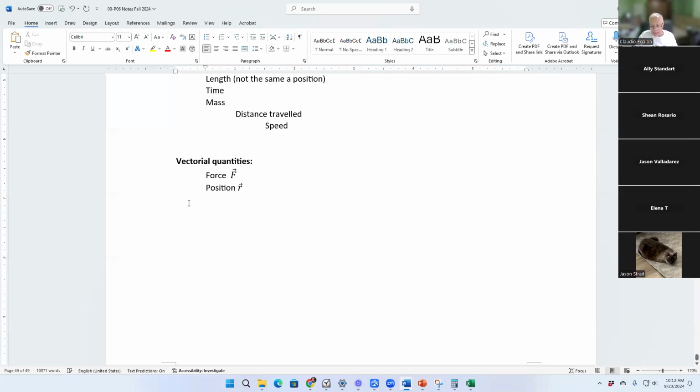By the same token that we have displacement delta x in 1 dimension, we also have displacement in 2 and 3 dimensions.